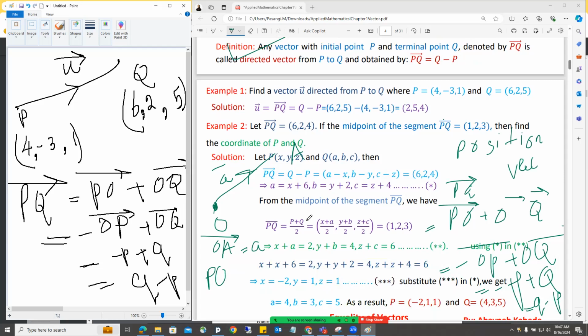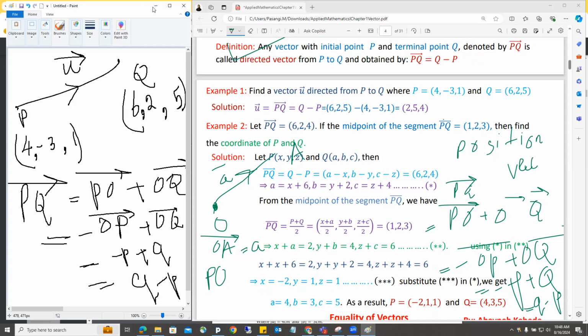Check example 2 and explain to me what they have done there. Is it clear what they have done?